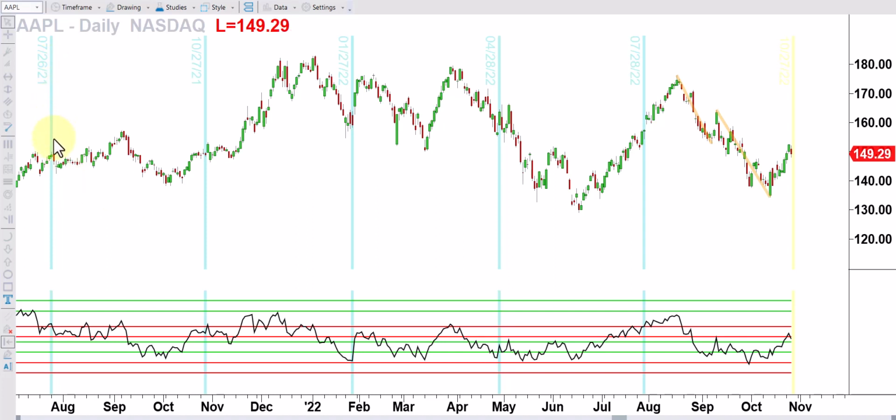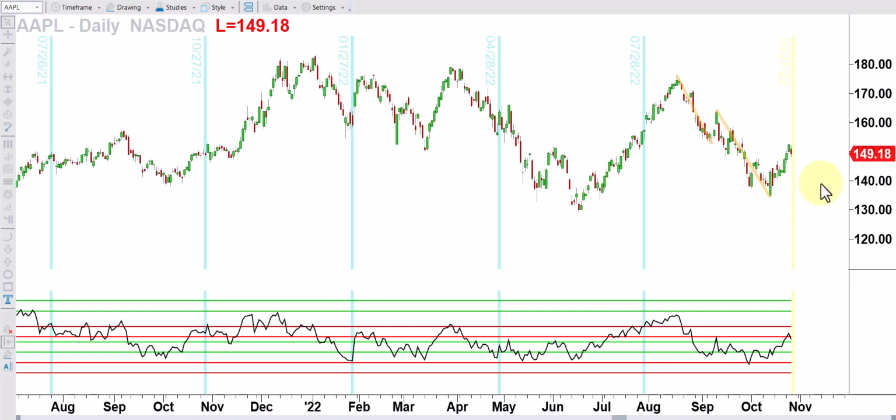So after the July 26th, 2021 release, Apple traded lower for a couple days. After October of 2021, it traded higher, lower, and then took off from there. And then you can see that after that, in January of 2022, it shot up but maintained its new downtrend lower.